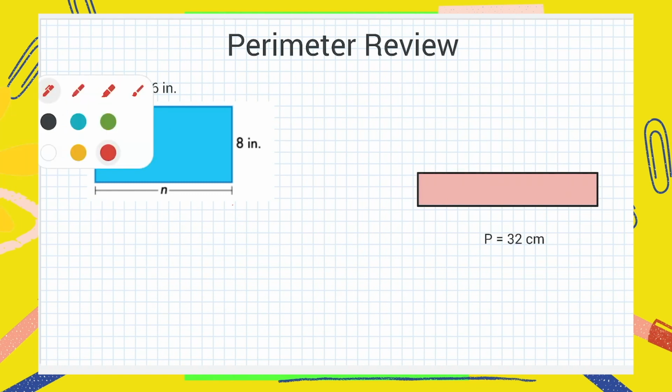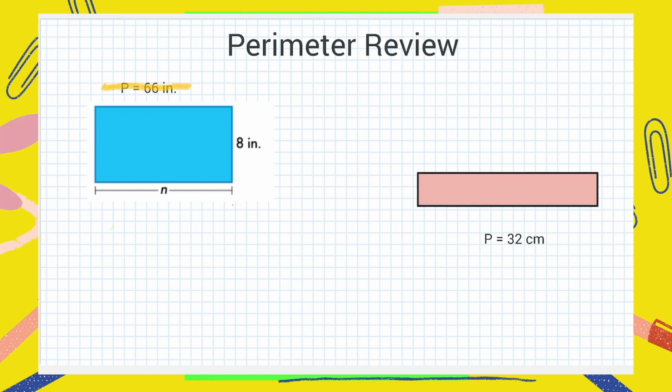I can tell from the information given to me that this rectangle has a total perimeter of 66 inches. That means the total distance around this rectangle is going to be what? 66 inches. Very good.